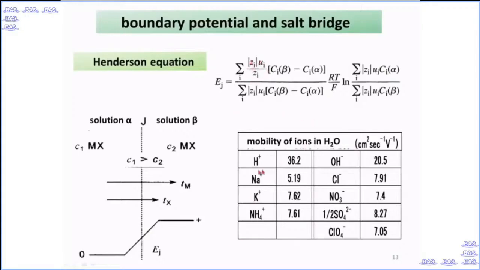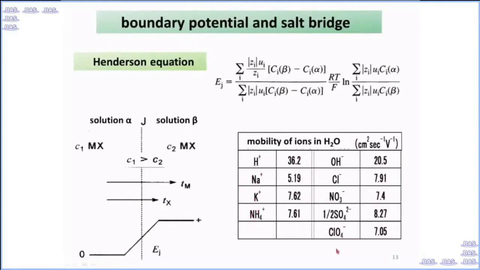So proton is the fastest ion. The mobility depends on the ionic size. Proton is the smallest ion, so very fast, and the mobility of ion depends on ion size.